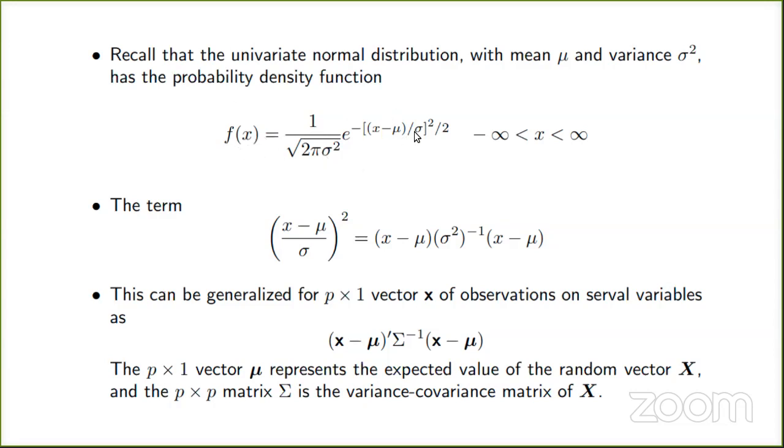If you plug in some value of x, it will tell you the probability of getting that x. The two things that matter for a Gaussian are its mean and its variance. Mean is mu and variance is sigma squared. The above term can also be written like this.